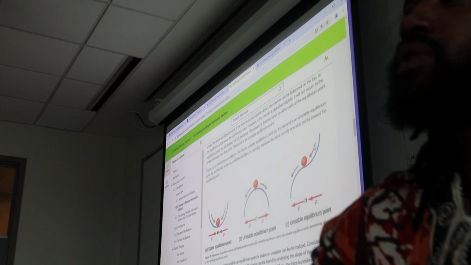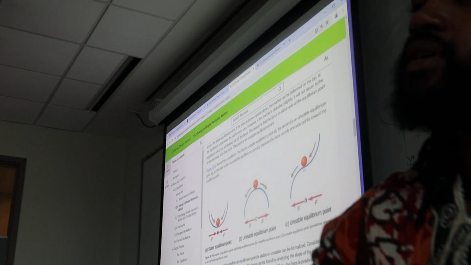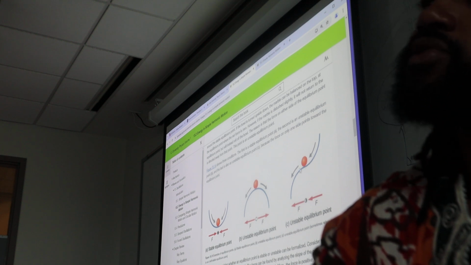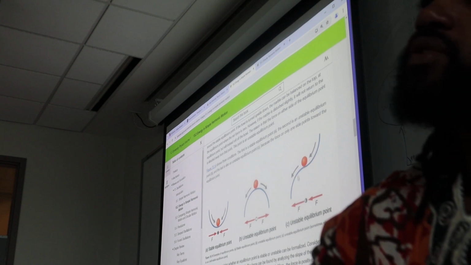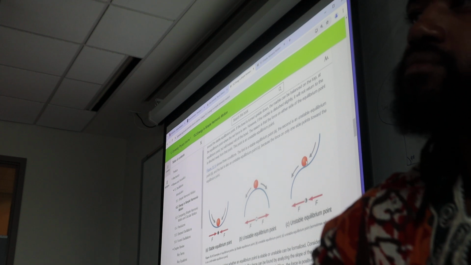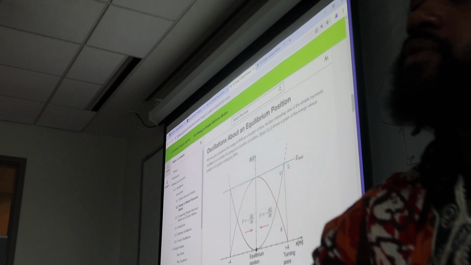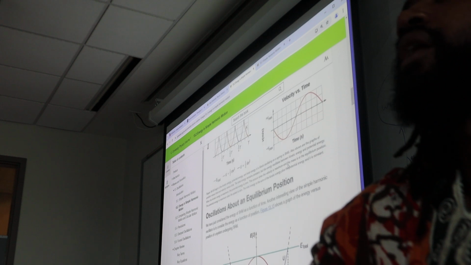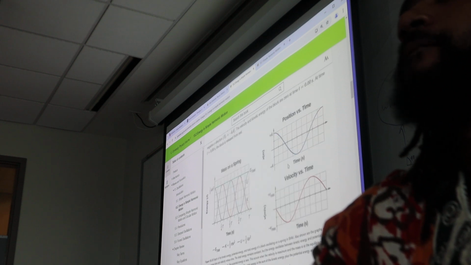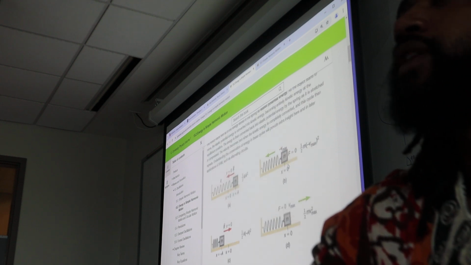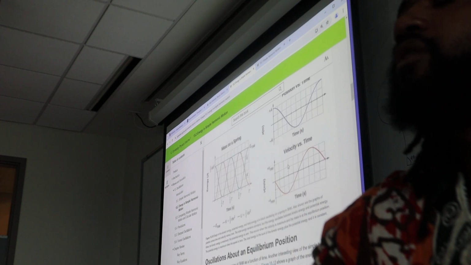This one way is going toward the equilibrium point, but if I had more force directed in that way, then it's going down. It's going away from the equilibrium point. So that's still the same with our spring and our energy.